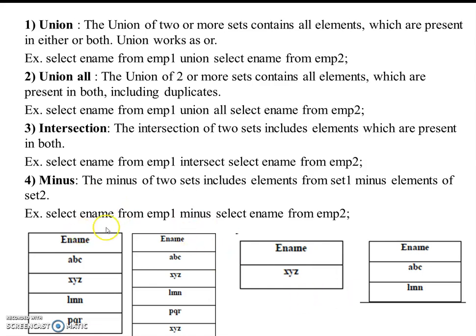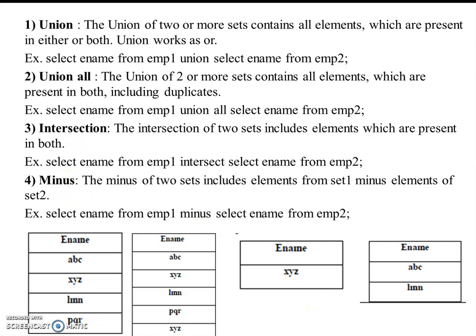So if I am performing select ename from employee 1 minus select ename from employee 2, then the values available in employee 1 are displayed and none from employee 2. If I take employee 2 first and employee 1 second, then the values of employee 2 will be displayed and none of employee 1. So these are the first operators: union, union all, intersection, minus.